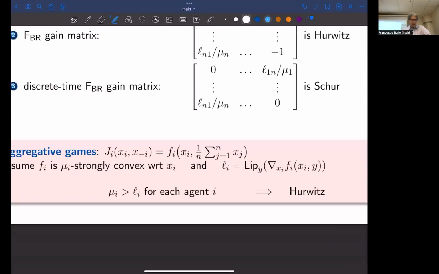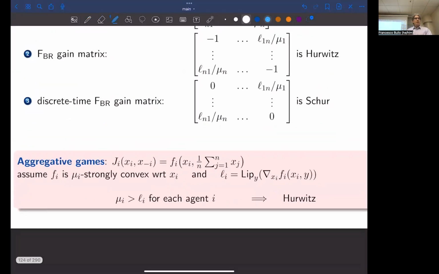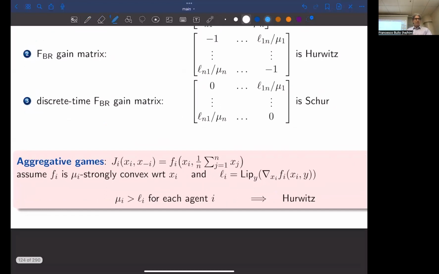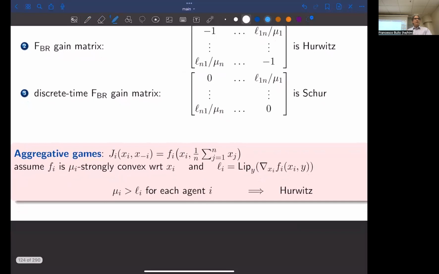Last comment. If you look at aggregative games, which are of this special form, the cost functions that the individual agents have depend not upon the individual behaviors of every other agent, but rather upon the cumulative behavior of all the other agents.